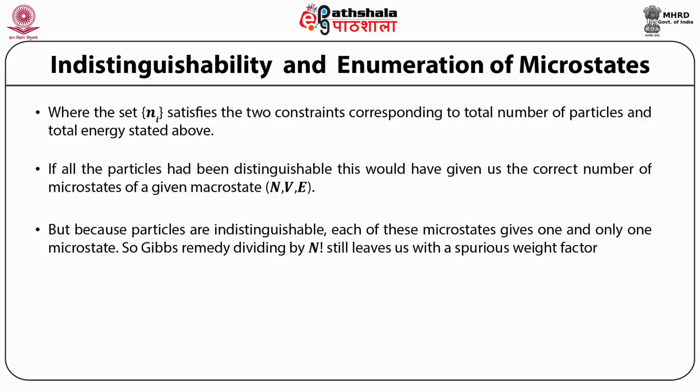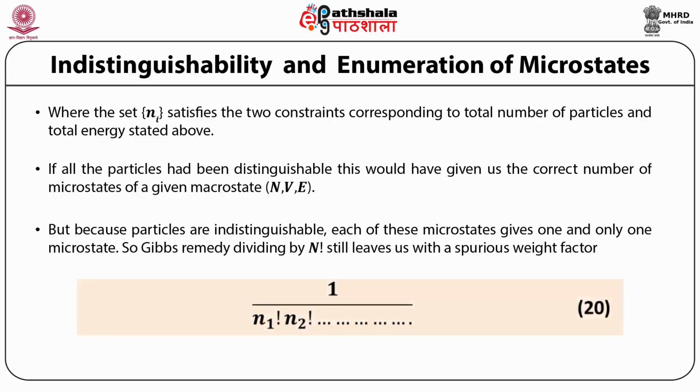So Gibbs remedy, dividing by N factorial, still leaves us with a superfluous weight factor 1 upon N1 factorial multiplied by N2 factorial and so on. The only way to make it 1 is if the probability of each of Ni greater than 1 becomes smaller and smaller, and most of the time it takes values either 0 or 1 and rarely greater than 1.